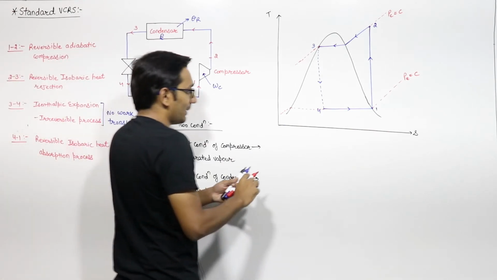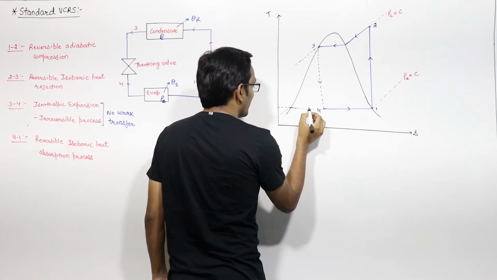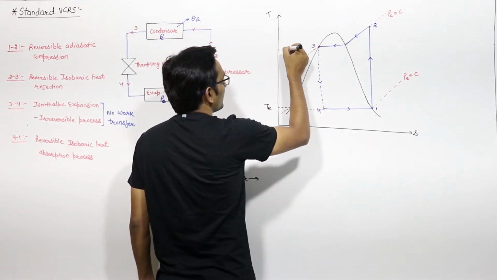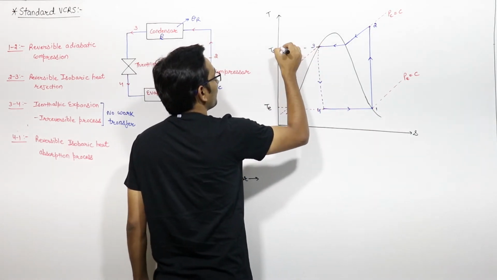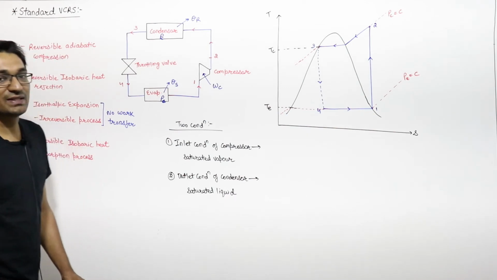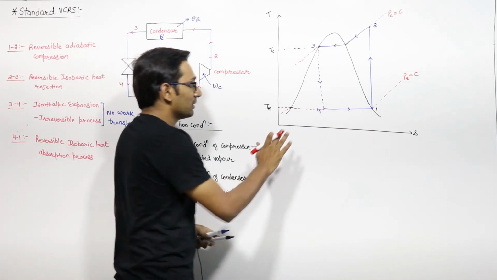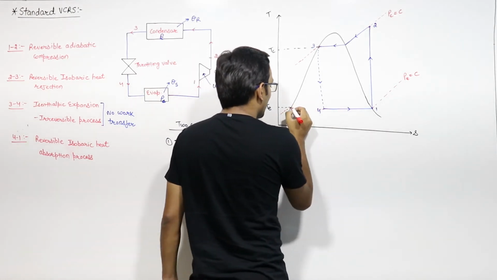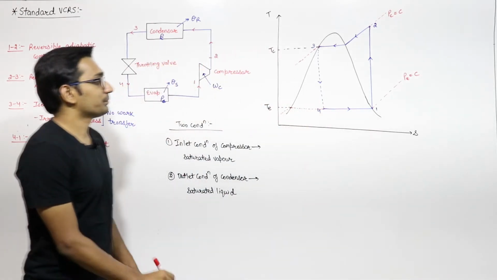The temperature corresponding to the evaporator is TE, a lower temperature, and the temperature corresponding to the condenser is TC. So this is the TS diagram of the standard vapor compression refrigeration system, right?